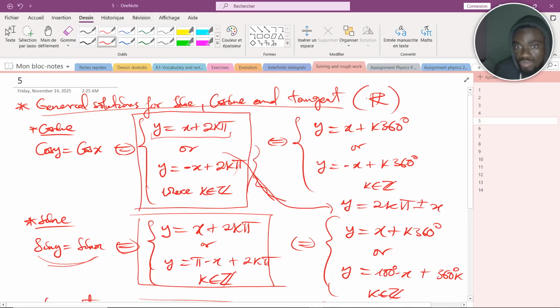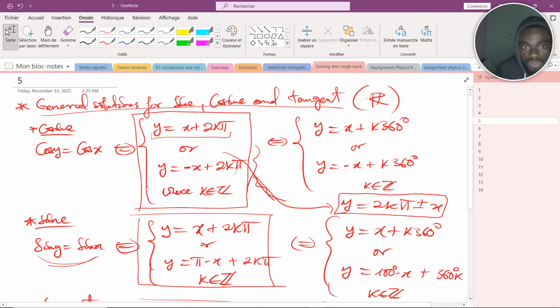So don't be confused if you see in some textbooks that the general solution is of course 2k pi plus or minus x. It comes from here. There is 2k pi here, there is 2k pi here.